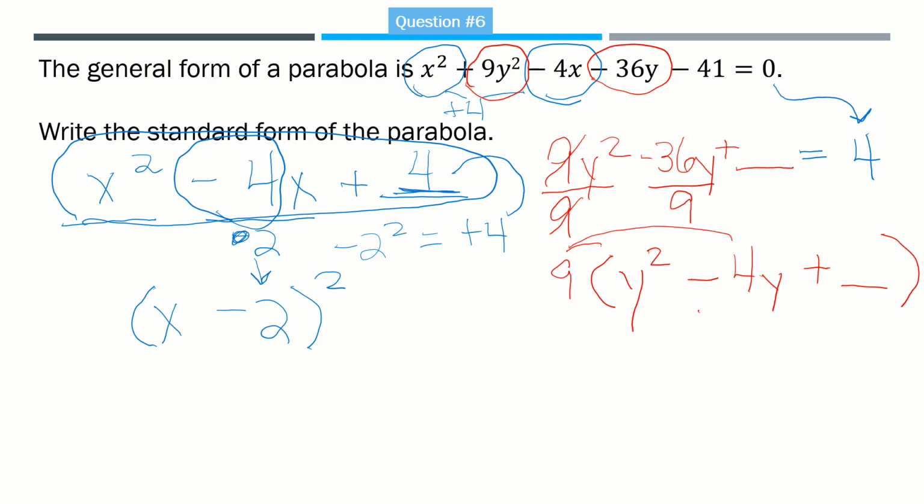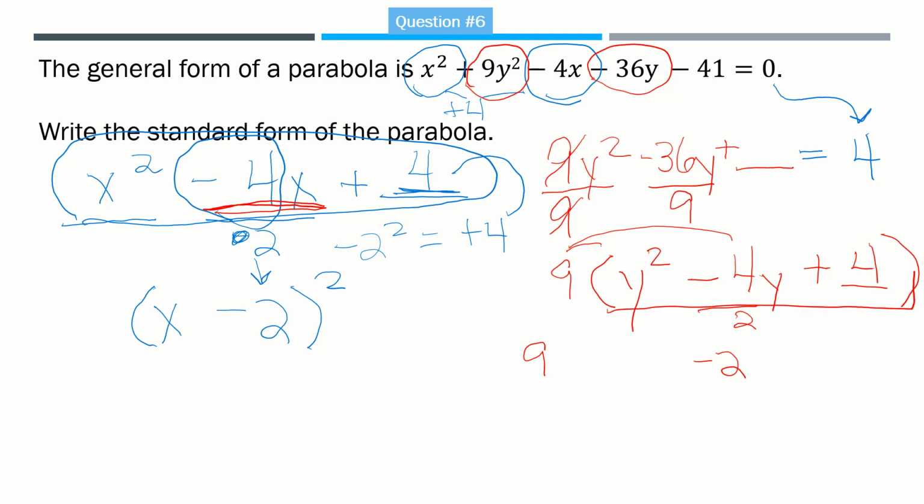All right, take half of 4. It's going to be the exact same thing as what we did with our values that had an x in it. So divide -4 by 2, and you get a -2. Square -2 and add it in here. So we're adding in 4. So we factor the 9 out.